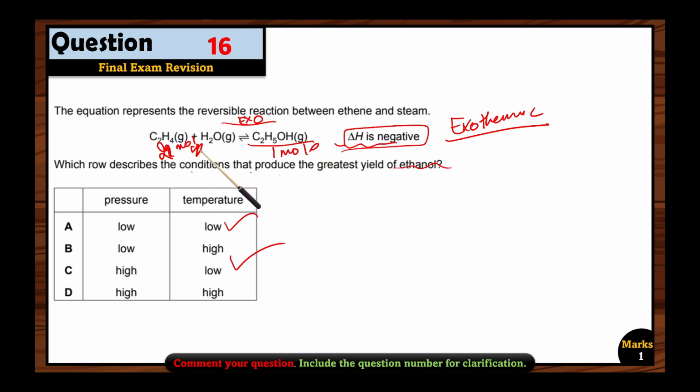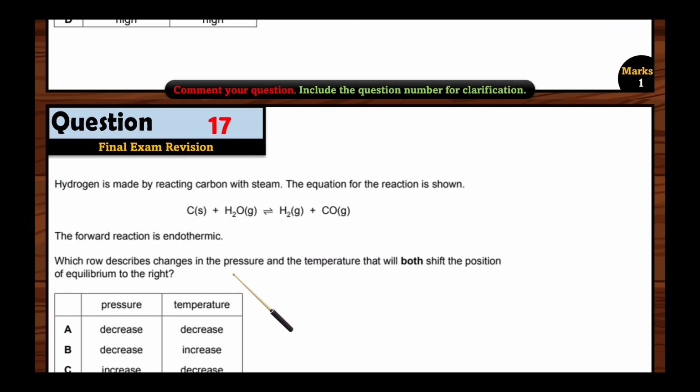So if you increase the pressure, it will help the one that is less in number. And what is less in number? Of course, ethanol. So we should increase the pressure. Increasing the pressure will help the ethanol production. So we will have the highest yield of ethanol if we have high pressure and low temperature. So this option C is the right option.